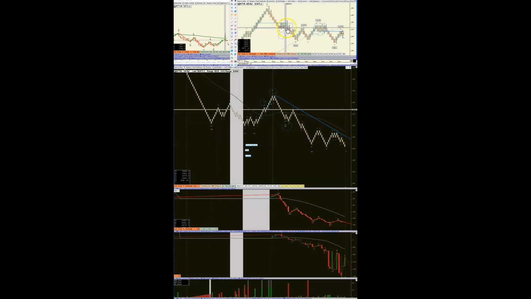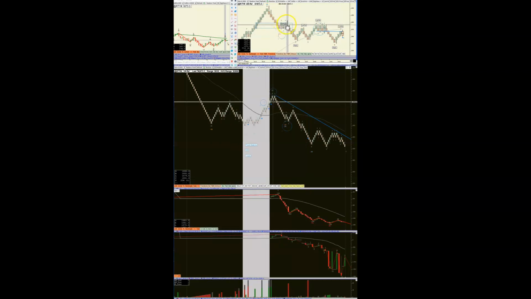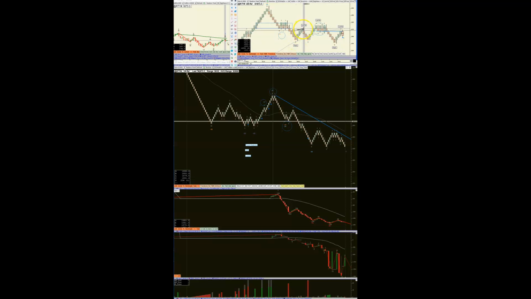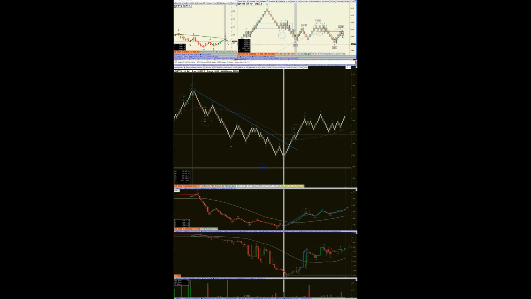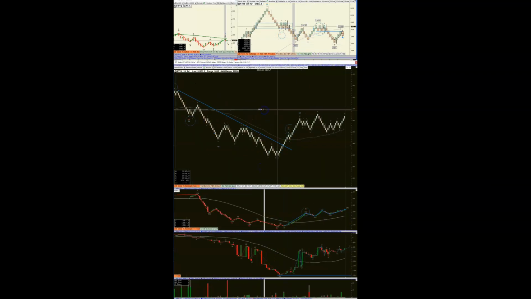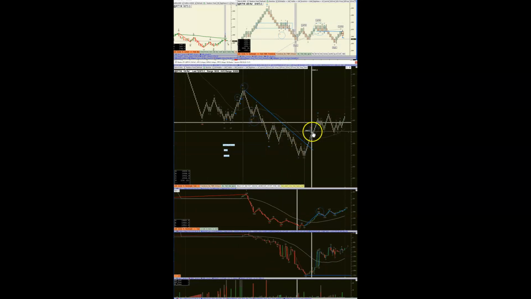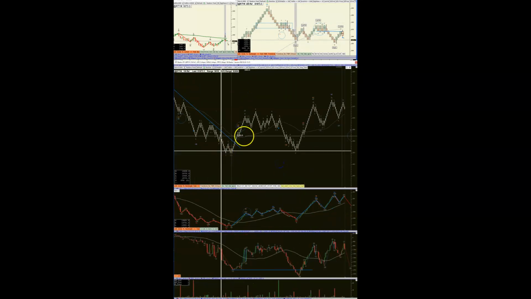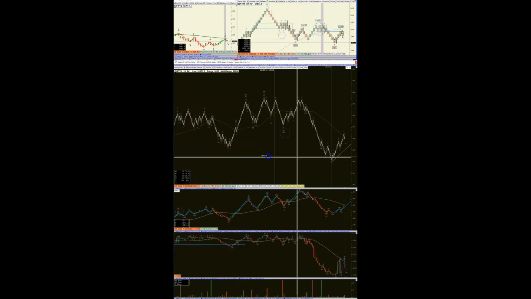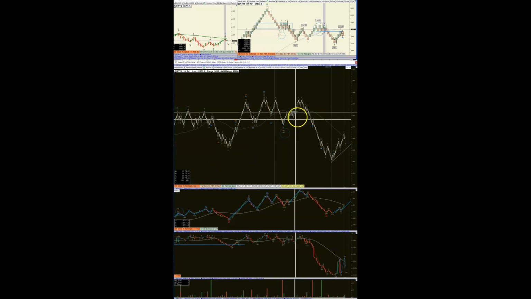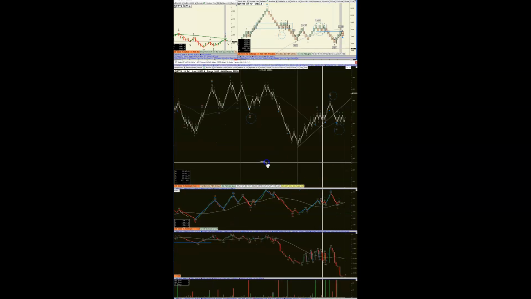It was actually absorbed by the sellers, broke down, then tested and all that. So let me just keep it simple. This is a minor trend right here in the lower time frame. You have your change of behavior breakout, blah, blah, blah, goes up. And here's where selling starts again, done.